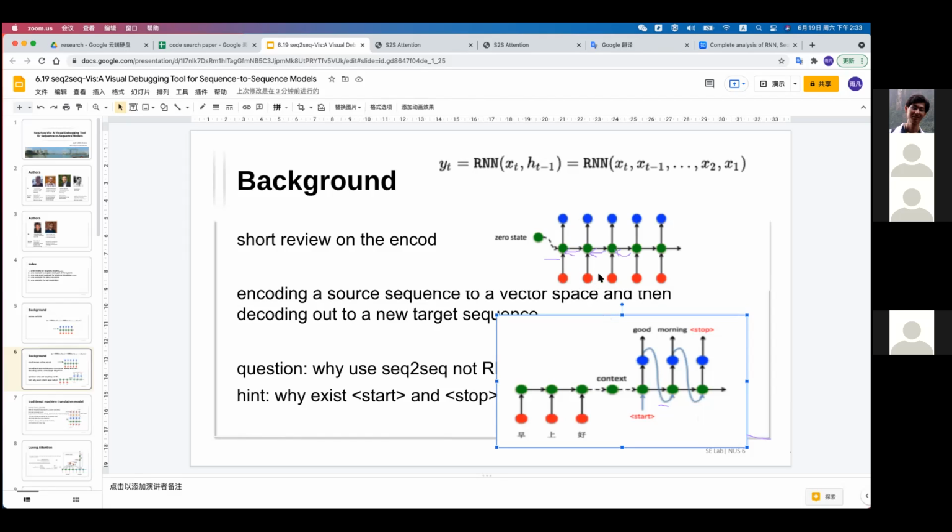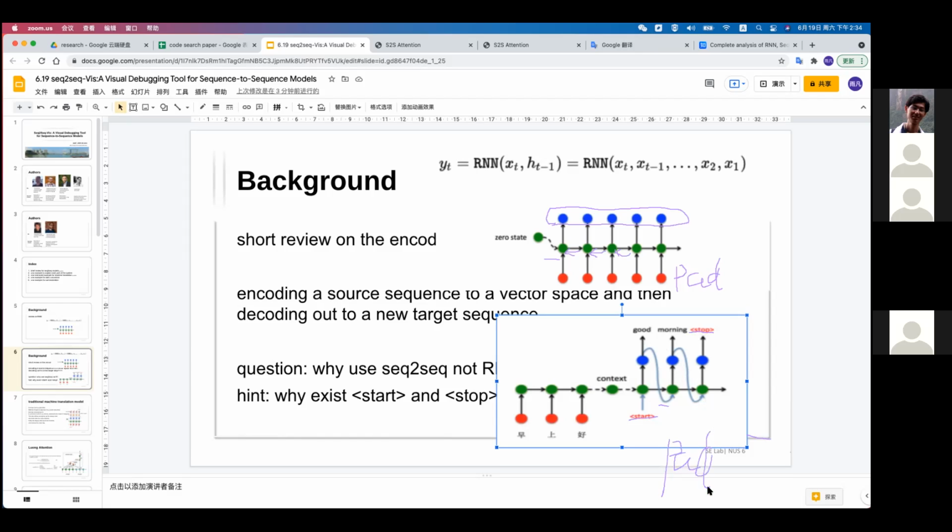For the RNN, you definitely want to have the same length, because you can use the pad to make the sequences the same length, but you can't use a fixed size of the output space. However, in a sequence to sequence model, you can use a start and a stop token to make this output more flexible.